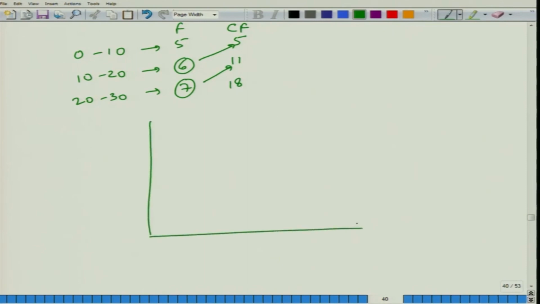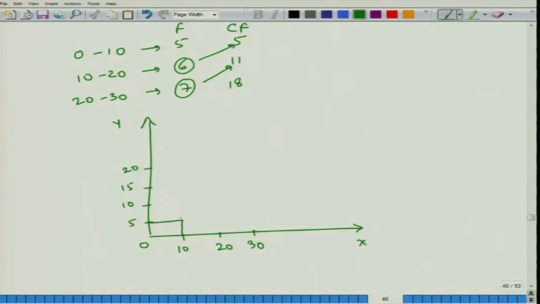Now, if we plotted 10, 20, 30 on the x axis, and suppose this was say 5, 10, 15, 20 on the y axis. What are the values that are less than 10? We have 5 values that are less than 10.